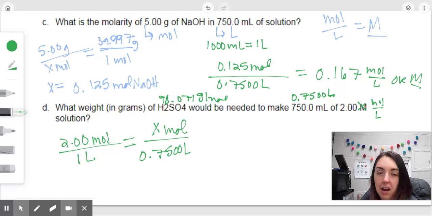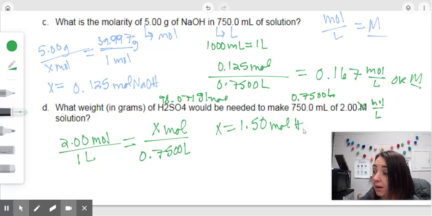I haven't figured that out yet. But if I know the molarity and I know the volume, I can get the moles. So I'm going to go ahead and solve this. Again, even if you don't know where you're going yet, if you just do something, you can usually get there. But you have to start somewhere, right? To start plugging into the proportion what you know.